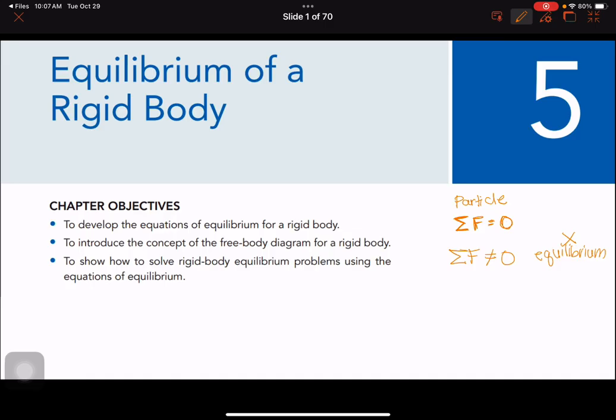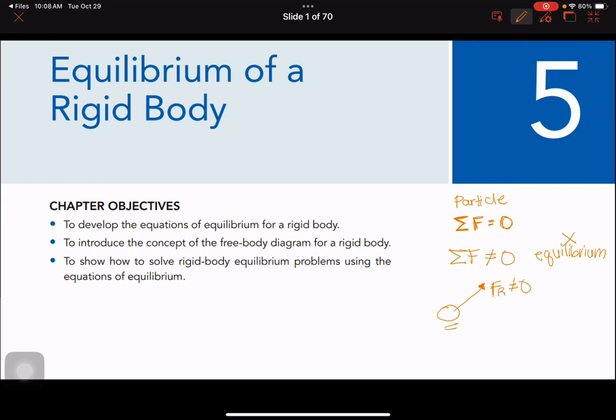And what will happen is your particle, if that's a particle, or your body, if that's a body, will move in the direction of the resultant force. If this is our body, meron siyang resultant force na Fr, so non-zero.